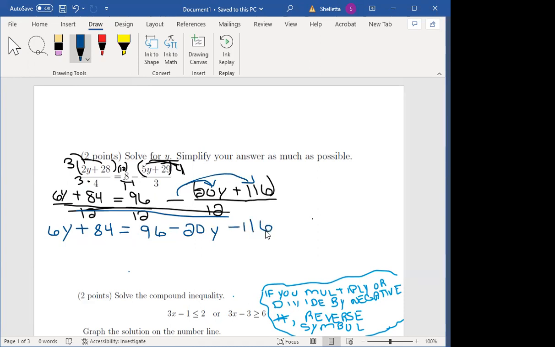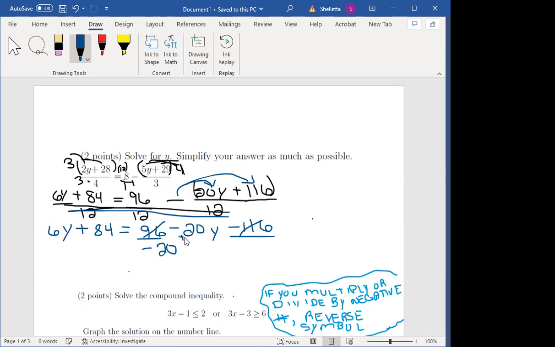From there, you want to combine like terms. So 96 minus that 116 will give us negative 20. And then we'll carry down the minus 20y. But that 20y we can actually combine with the 6y.